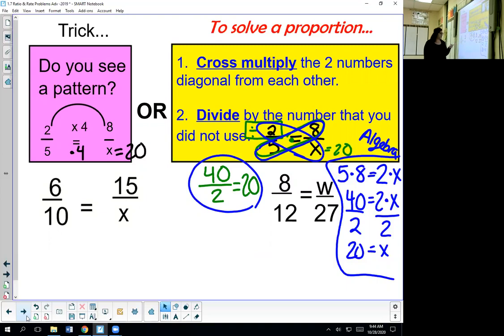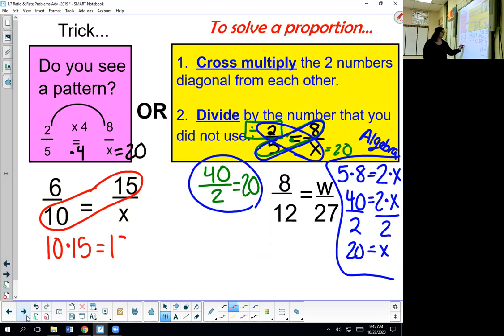So let's look at this first example here. First, ask yourself, do I see a trick? Okay, and I don't see one off the bat. There's no way for me to go from 6 to 15. So what you could do is use how to solve a proportion. You could multiply what you know. So 10 times 15, I get 150, and then I divide by the number that I didn't use.